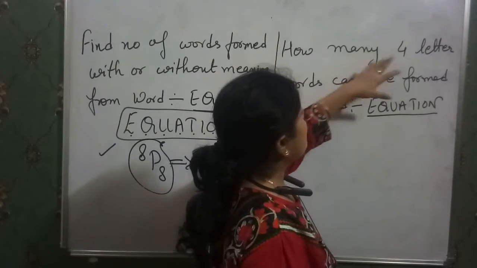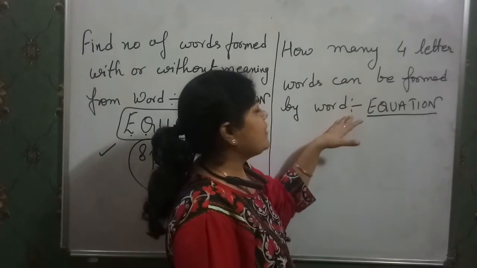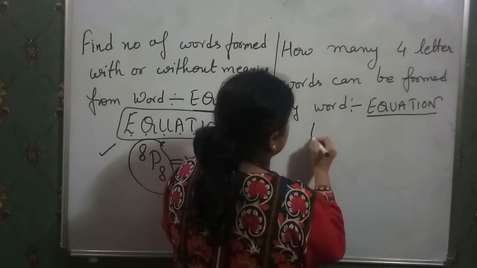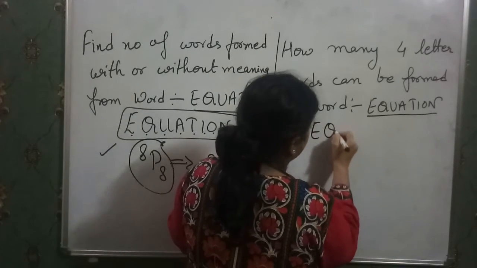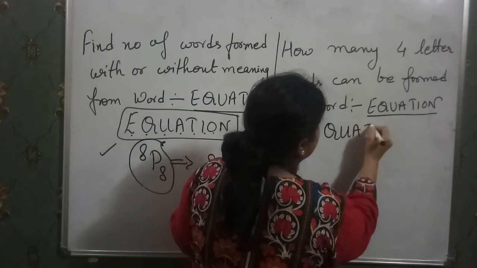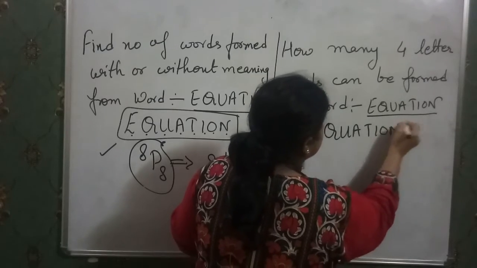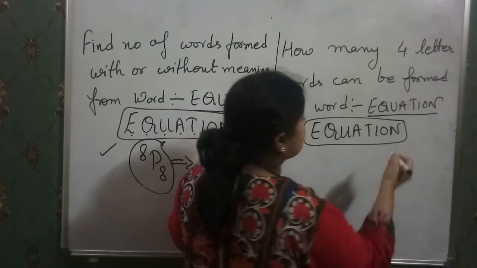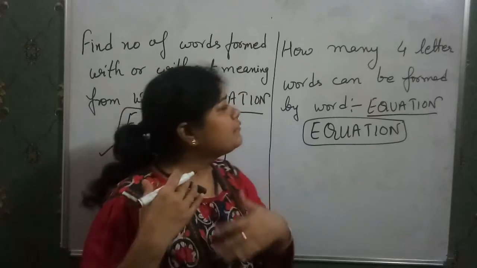We have to find how many 4-letter words can be formed. That means a word is given, and from this word we have to make words of 4 letters.